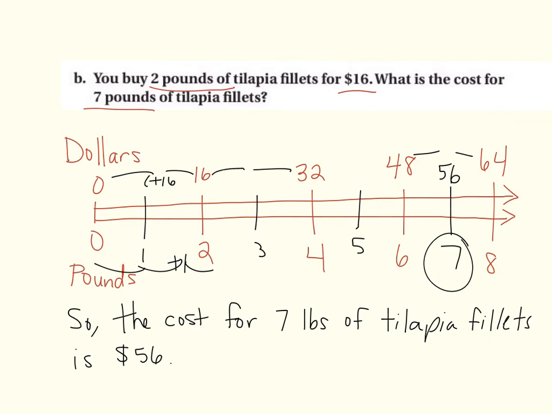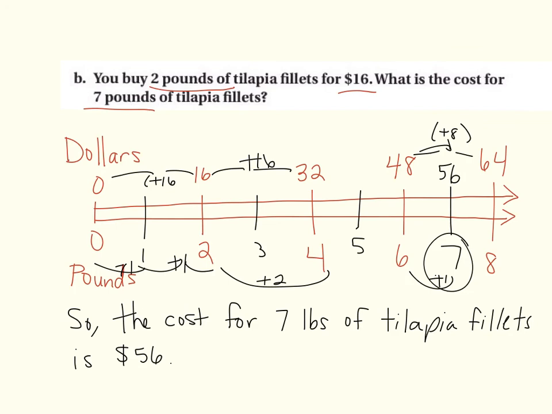Up here, we added 16 to get to the next increment, and down here it was plus 2, because remember, this first one was plus 1 to get to 1 pound, plus 2 to get to this one. So in this case, we're adding equal amounts. In the situation we were actually looking at, instead of adding all 16, which we would have to do to get to 64, we only added plus 8 to get to this halfway point, because we were only adding plus 1 to get to this halfway point.